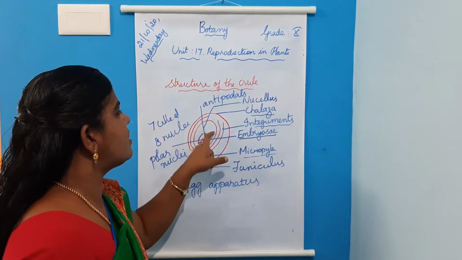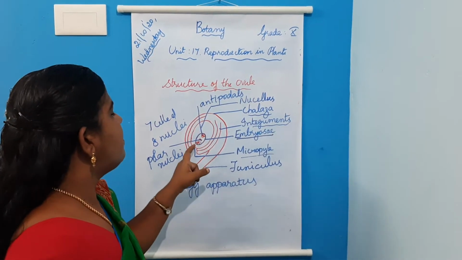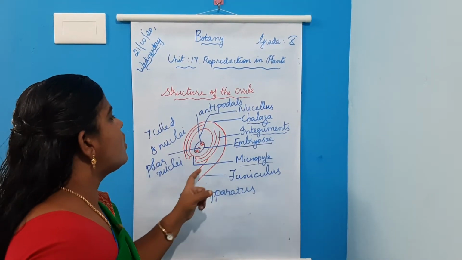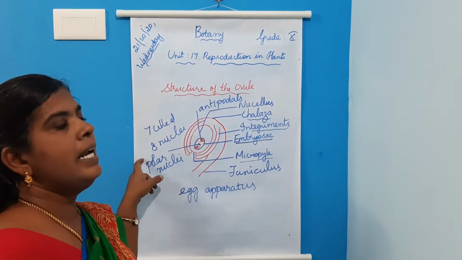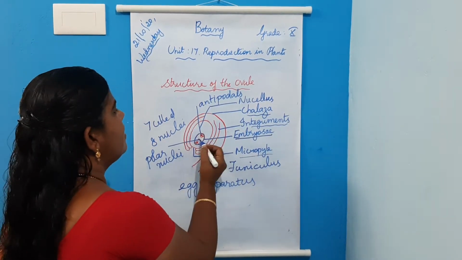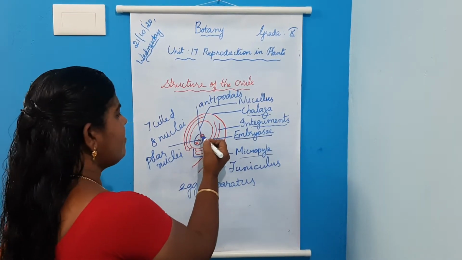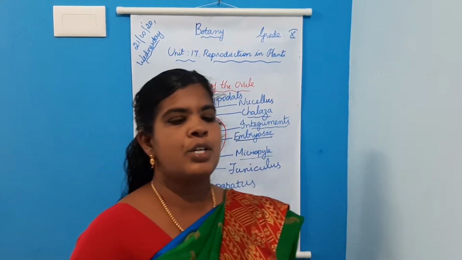The major part of the ovule is called nucellus. This ovule encloses the embryo sac. It has 7 cells and 8 nuclei. Here 3, and these two together count as 1, so it is 7 celled and 8 nuclei.